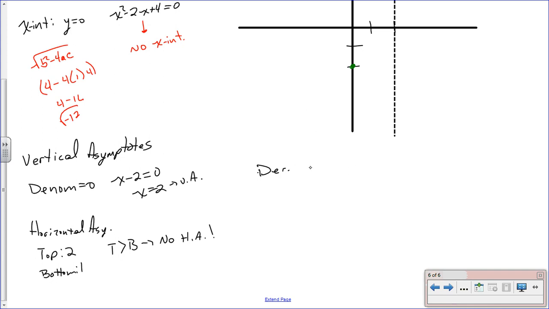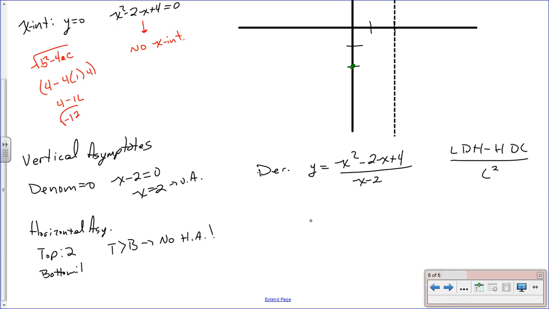The derivative of y equals x squared minus 2x plus 4 over x minus 2. Remember it is low d high minus high d low, square the bottom and away you go.